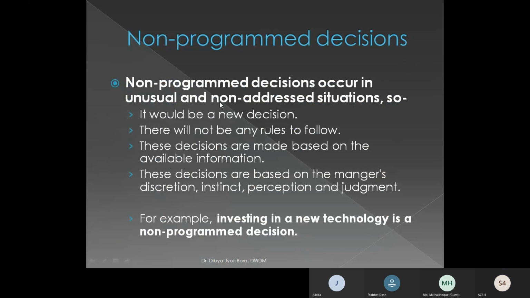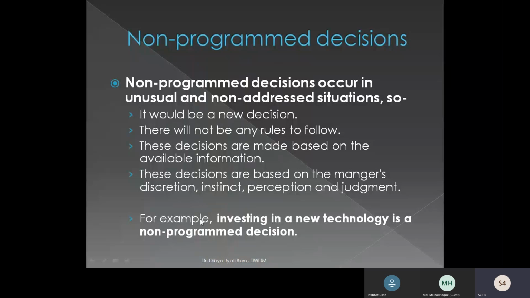You may have to change the destination. Yes or no? So what happened? Based on the available information, you need to make several decisions. It is not pre-programmed. Although you planned it, say, one or two months before, at that very moment there may be a case that you have to change. So it's totally based on discretion, instinct, and restrictions adjustment.